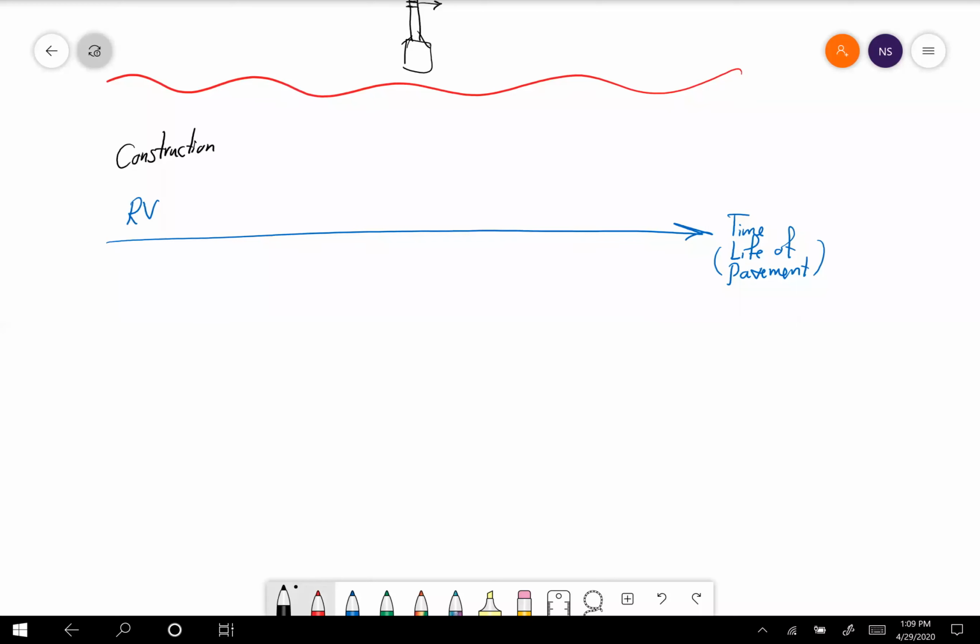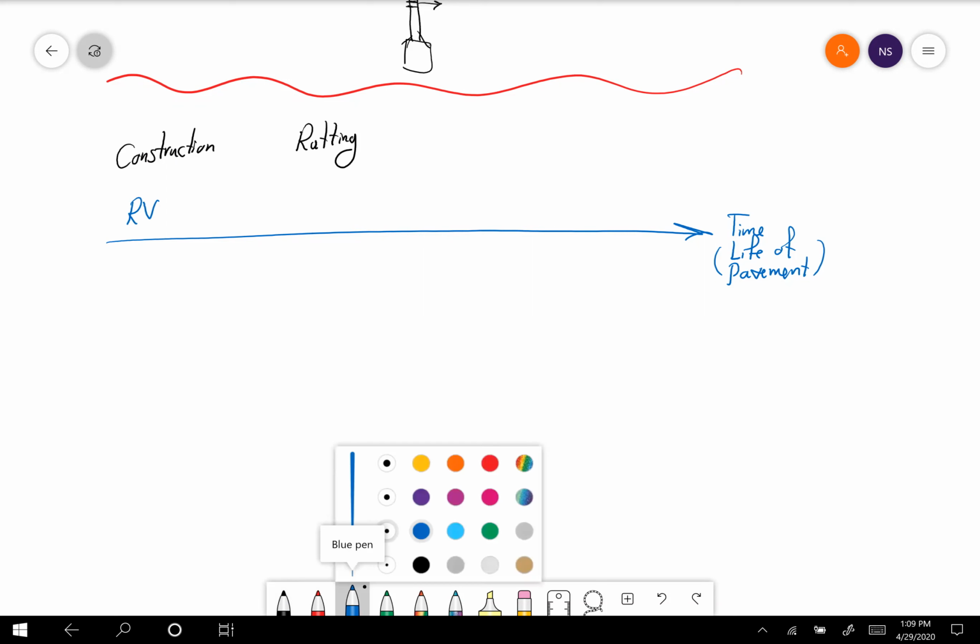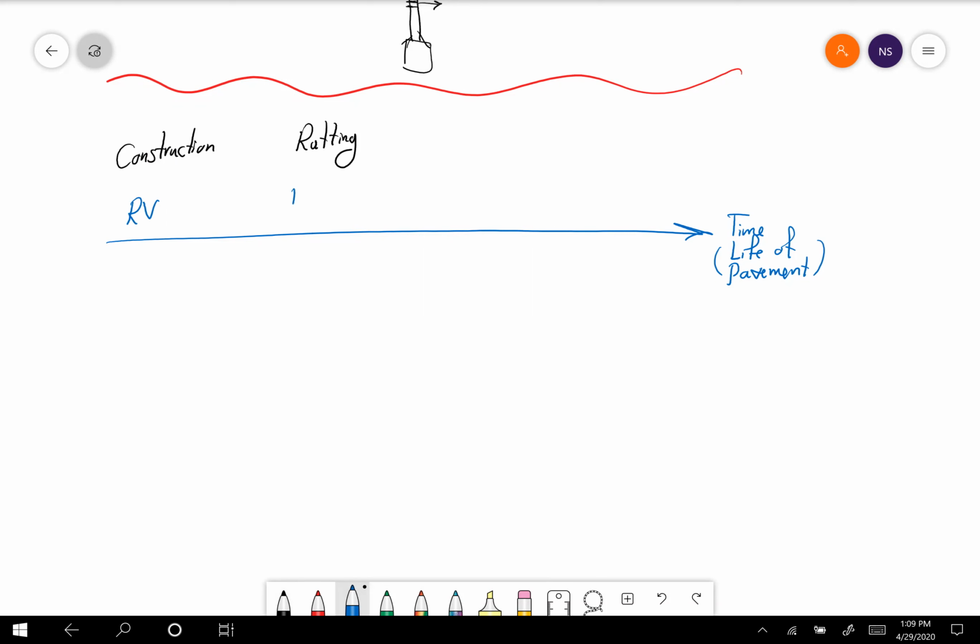And then under service, when we start to see the rutting or permanent deformation, we use the DSR test to estimate or predict when the rutting or cracking happens.